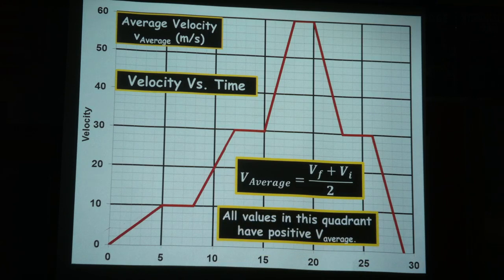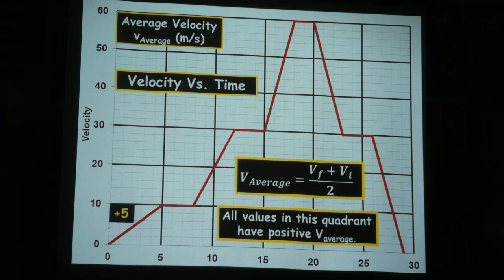All values in this quadrant have a positive average velocity. Why is that true? Because if all x and y values are positive, and you're adding y values together, those are your velocities, and all those y values are positive, then the answer must come out to be positive.